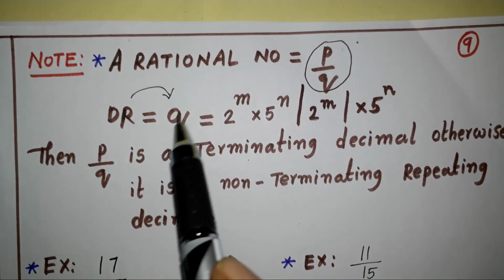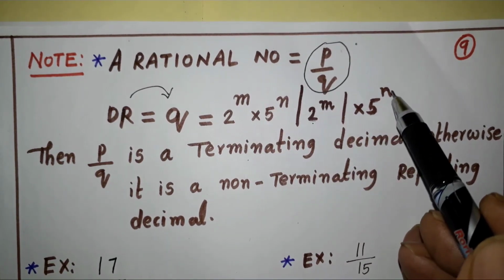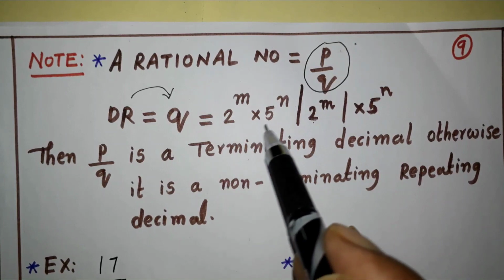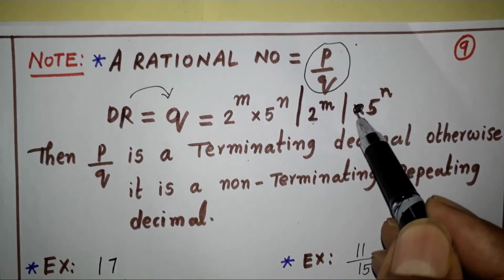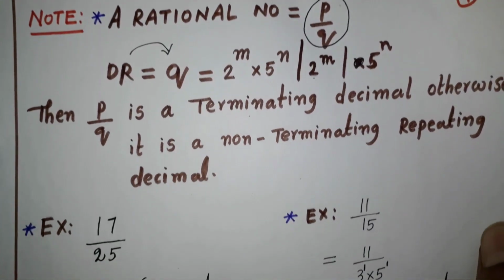That must come either in only 2 powers or only in 5 powers or in both. If you get it in this form, you can directly say that the given rational number is a terminating decimal. Otherwise it is a non-terminating repeating decimal.